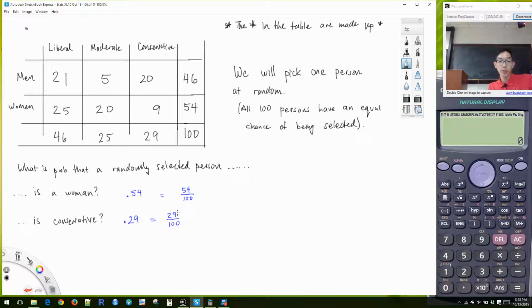We could also ask, a randomly selected person is a conservative woman. 0.09, right? So 9 people in this table of 100 are conservative women. So our answer is 9 out of 100, or 0.09.